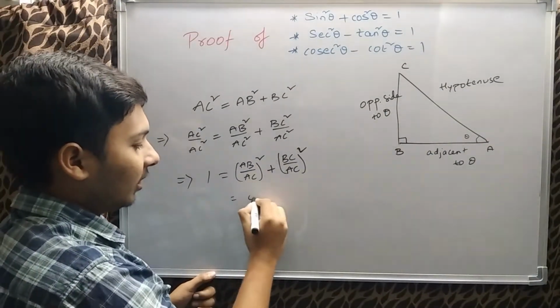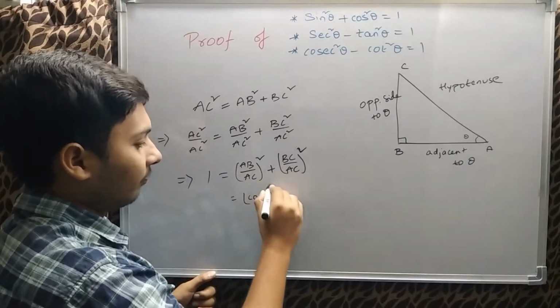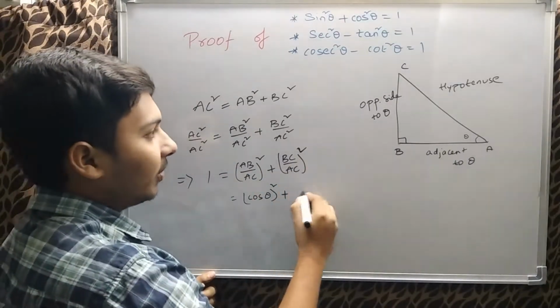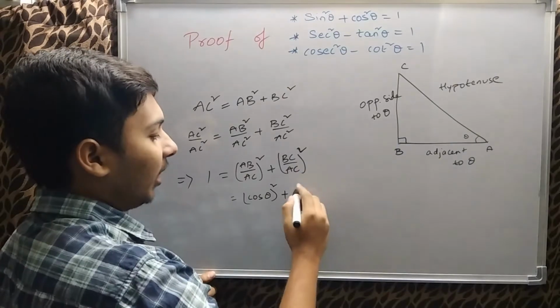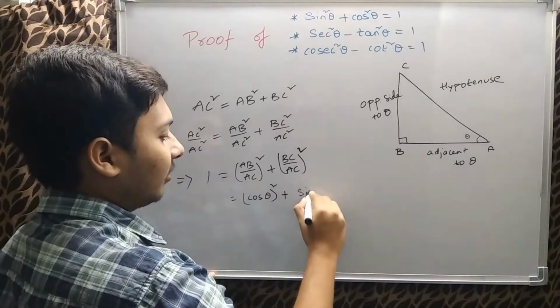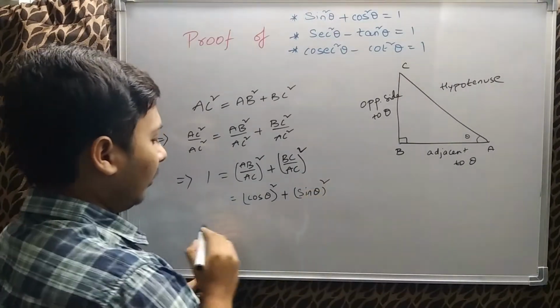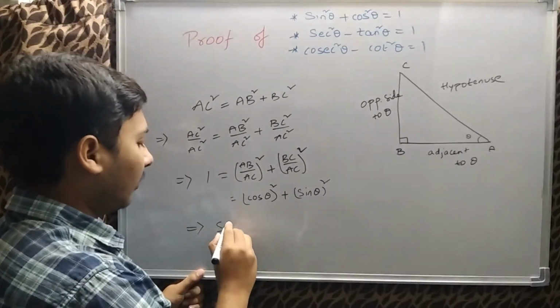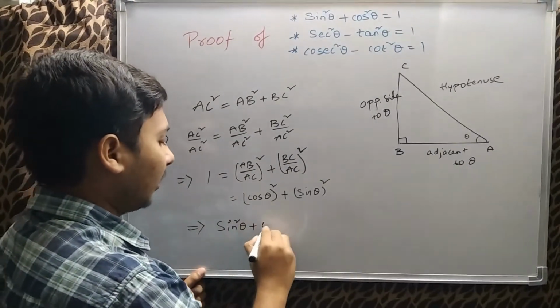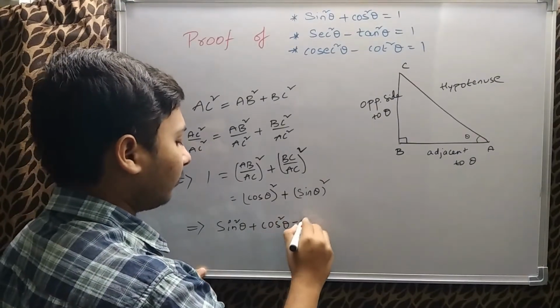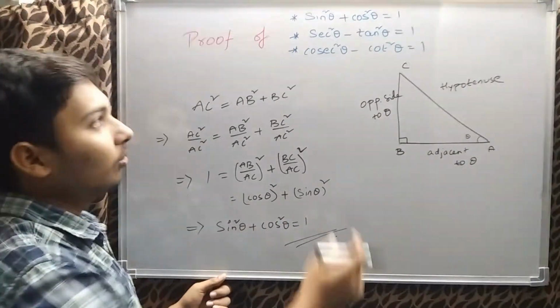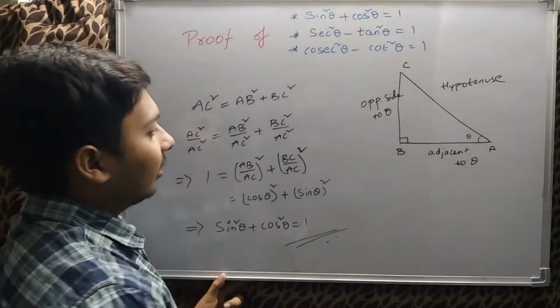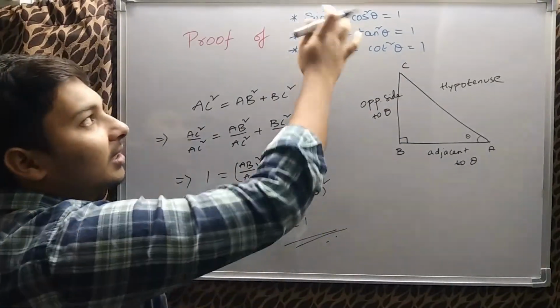So 1 is equal to cos theta whole square plus sin theta whole square, which implies sin square theta plus cos square theta is equal to 1. From this identity we can prove these two identities. This is one method to prove this identity.